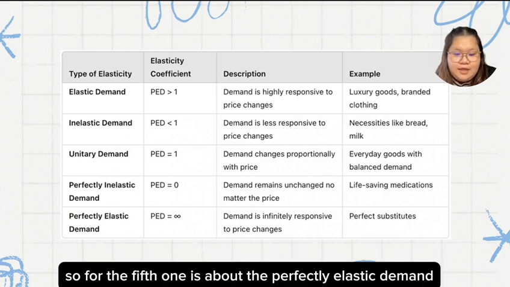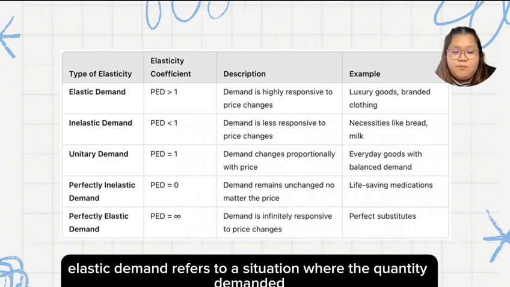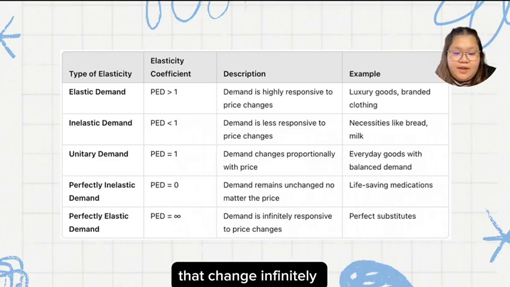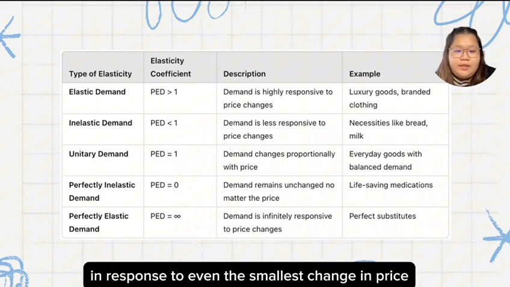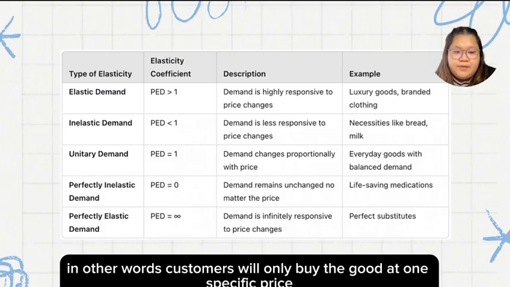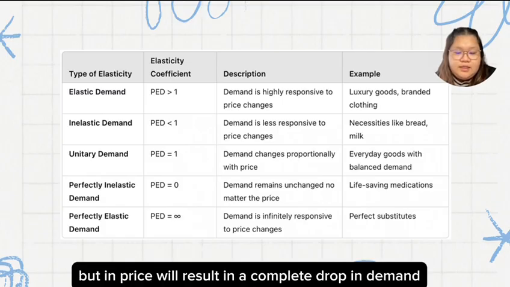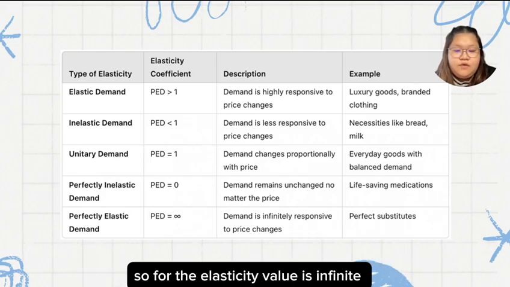So for the fifth one is about the perfectly elastic demand. Perfectly elastic demand refers to a situation where the quantity demanded changes infinitely in response to even the smallest change in price. In other words, consumers will only buy the good at one specific price, and any increase in price will result in a complete drop in demand. So for the elasticity value is infinite.